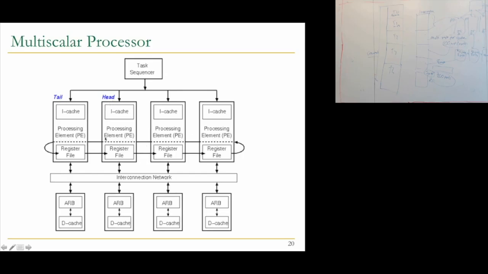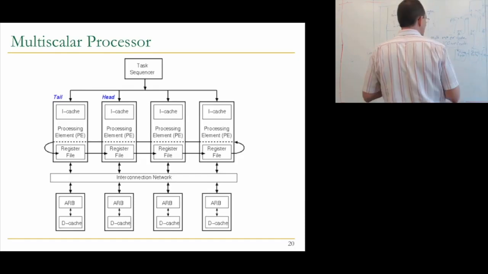And register files are connected through a ring. Basically, when a task produces a data value that may be needed for a later task, it sends the data value across this ring, and the tasks that need that data value capture them and place them into the register file. Now this is how the full empty bits, remember the full empty bits in the register file, get set.